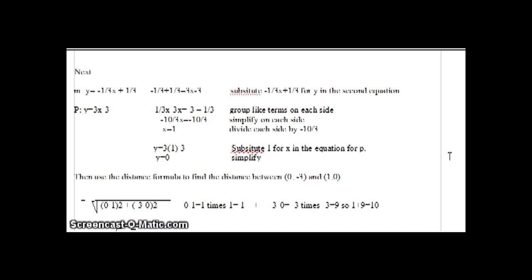Group like terms on each side and simplify: negative 10/3 x equals negative 10/3. Divide each side by negative 10/3, and you get x equals 1. Substitute 1 for x in the equation for p: y equals 3 times 1 minus 3. So y equals 0 when you simplify.